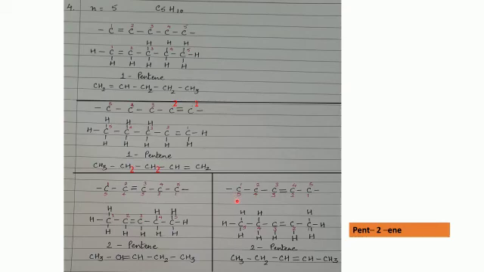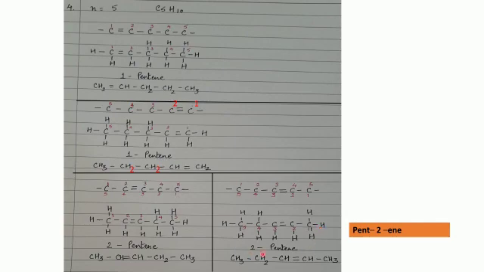Now if we see this structure, the double bond has now shifted here. So if we start numbering in this manner, the double bond will be between 3 and 4. If we start numbering from here, the double bond will be between 2 and 3. So now in this case, this numbering will be correct, that is from right to left, because here you get the double bond between 2 and 3. 2 is smaller. Similarly, we can distribute the hydrogens here also.